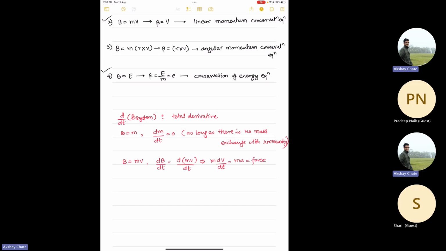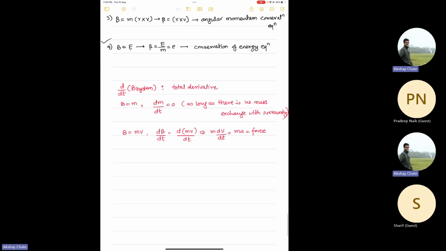So this is nothing but force. If I am considering the linear momentum conservation equation, this d by dt of capital B essentially reduces down to the net forces acting on your control system or control volume, whatever you want to call it. If you are considering LHS, it will be system, but if you are considering RHS, it will be volume.